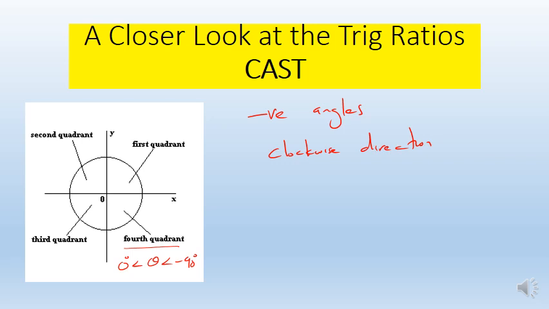The third quadrant, you'd have minus 90 degrees theta, and then if you move all the way around, it'll be minus 180 degrees. Second quadrant, minus 180, yes, you guessed right, theta less than minus 270 degrees. And the first quadrant is where we are now completing that revolution, so we expect it to be minus 270 degrees theta to minus 360 degrees.